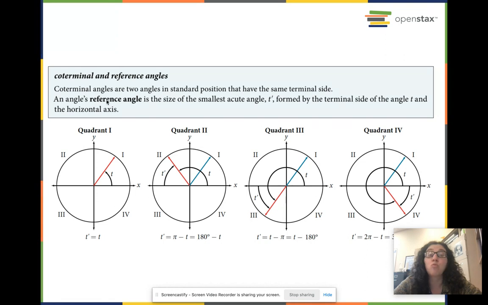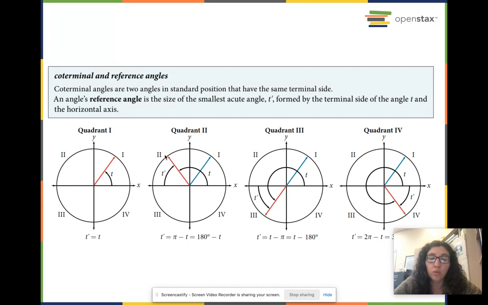An angle's reference angle is the size of the smallest acute angle T prime formed by the terminal side of the angle T and the horizontal axis. Reference angles are something we're going to use this whole semester as well. This is the first time we're talking about them. So here, the reference angle for this angle would just be T, itself.